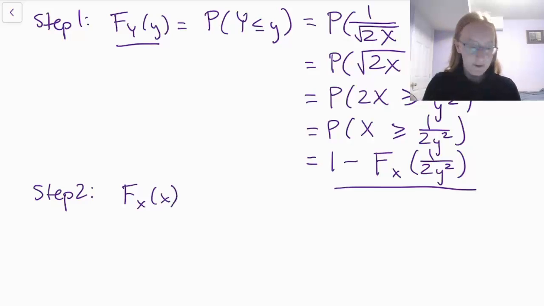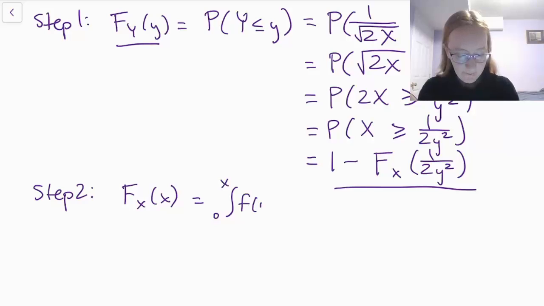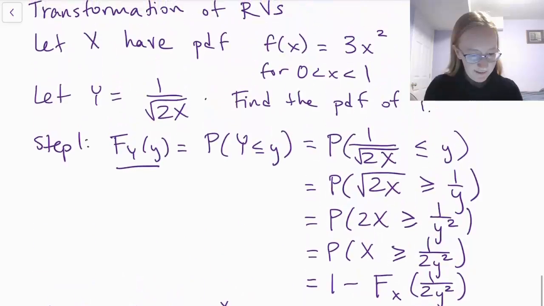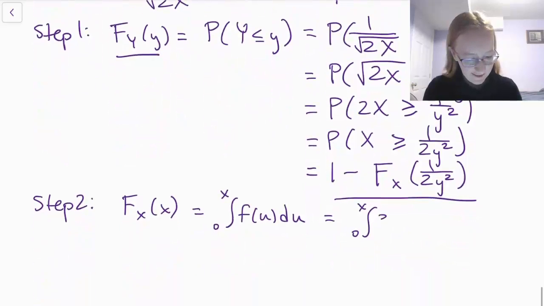We need that to be able to evaluate this expression. So this is going to be the integral from 0, the bottom of the range, up to x of little f of u du. But that was, what was it? 3x squared. 3u squared du.